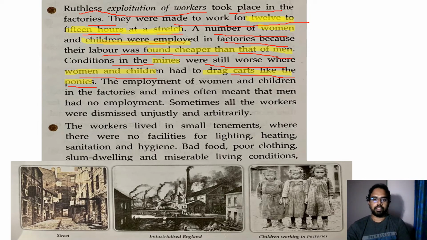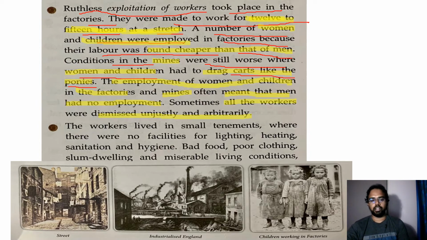And the employment of women and children in factories and mines often meant that men had no employment. Sometimes all the workers were dismissed unjustly and arbitrarily. See, this kind of ruthless policy towards the laborers, employing only women and children, because they can pay very low salaries and extract more work from them.